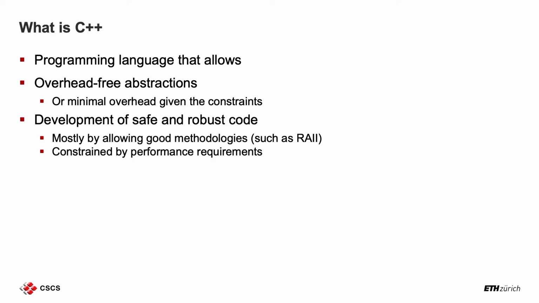So now the question is, what is C++? It doesn't make things easier, so why should we use it? Well, C++ allows you to implement overhead-free abstractions. So you can provide abstraction layers, so the user of those abstractions sees the world in a different way than you do, right?